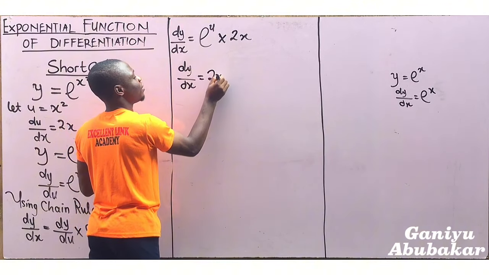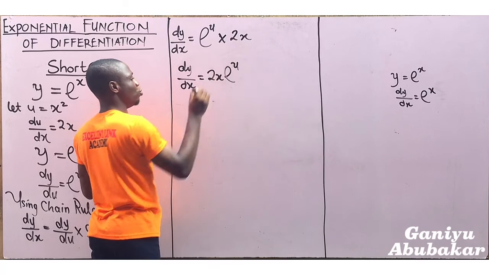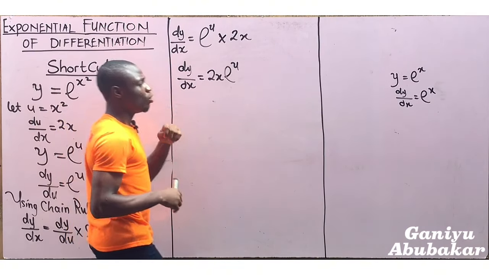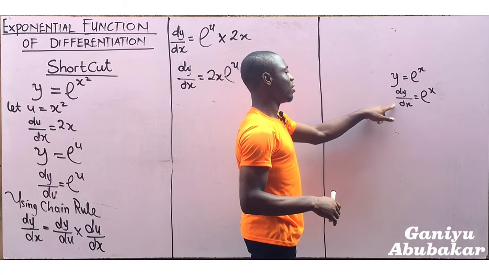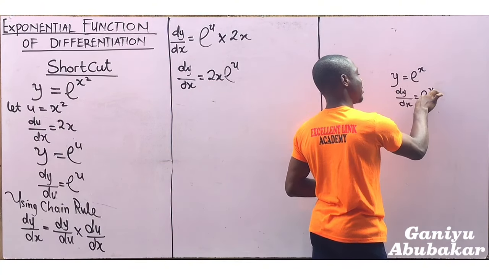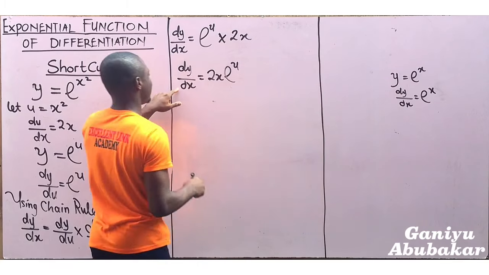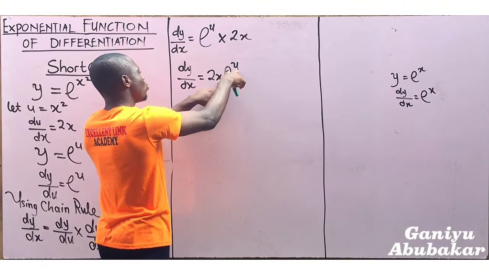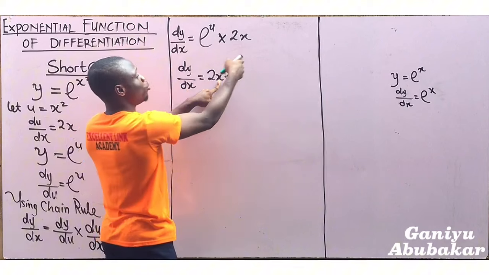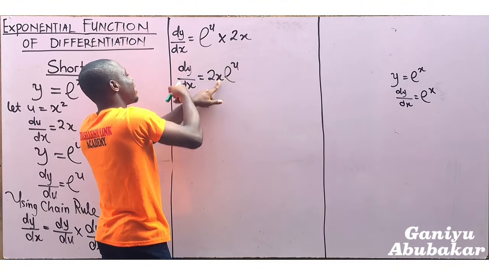Observe that I'm having dy over dx, so anything here must be in terms of x. I can see x here, but this is u. If I was having dy over du, I would expect u here; since I'm having dy over dx, I'm expecting x.